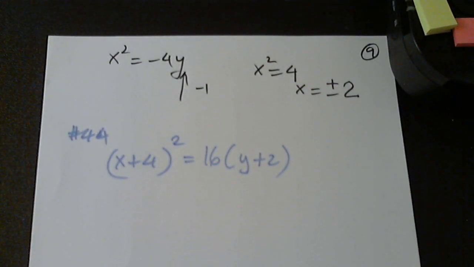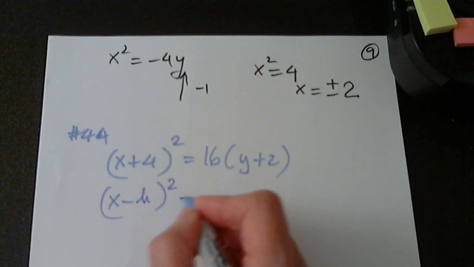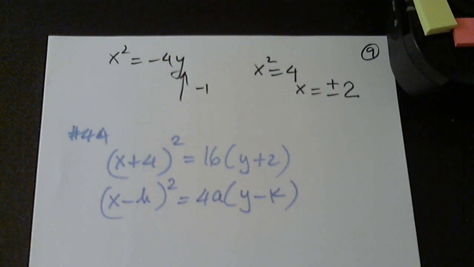So we have (x minus h) squared equals 4a times (y minus k). Therefore, the axis of symmetry is parallel to the y-axis, and it opens up. That's all we have here. The parabola opens up, and the axis of symmetry, of course, is parallel to the y-axis.